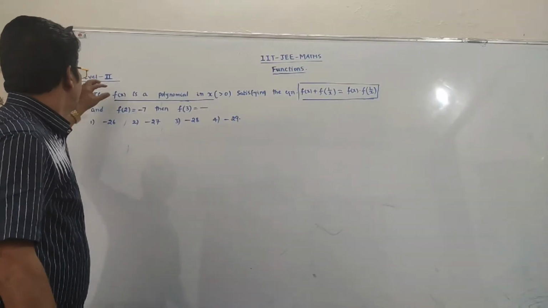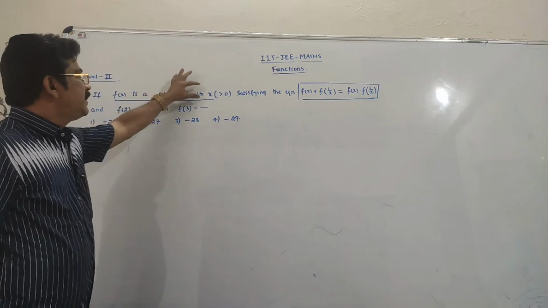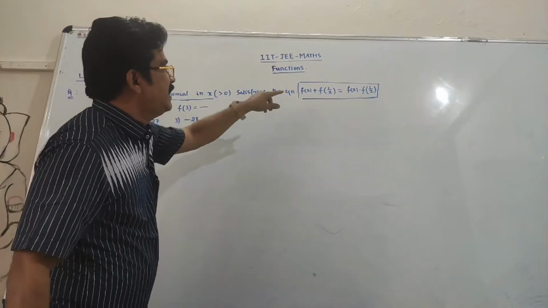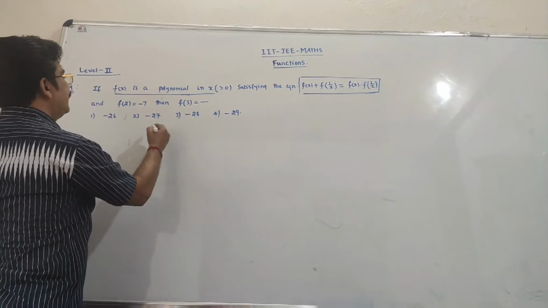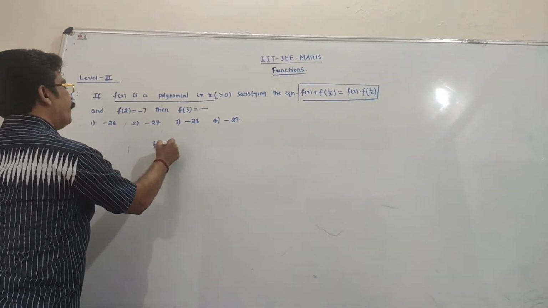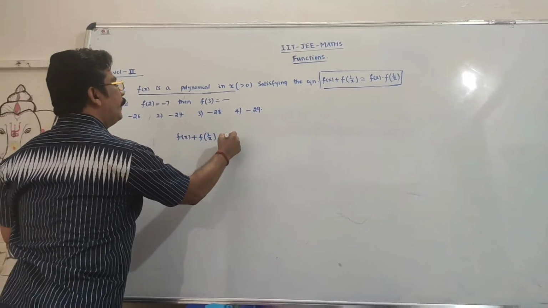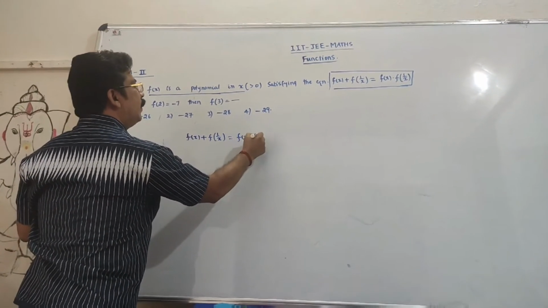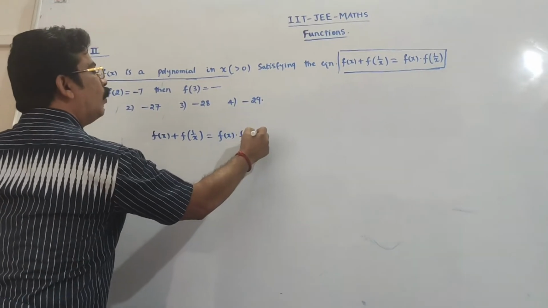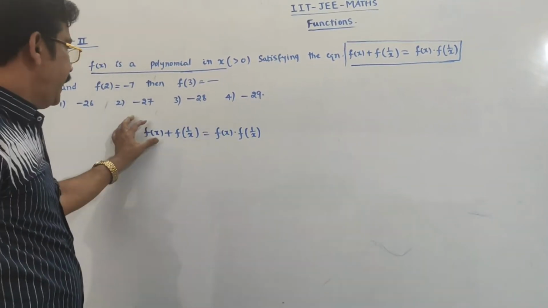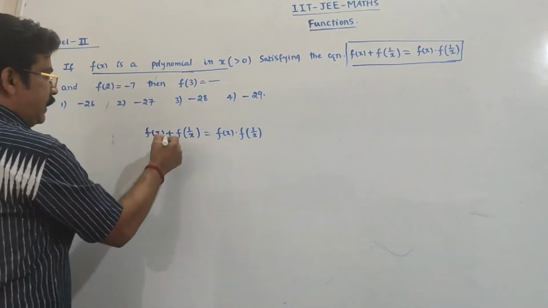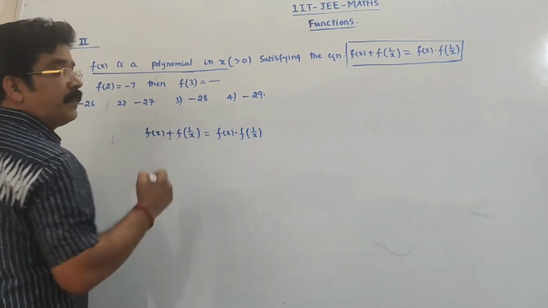Next question. f(x) is a polynomial in terms of x satisfying the condition f of x plus f of 1 by x equal to f of x into f of 1 by x. Actually, in such a case, observe, this is a sum and this is a product.